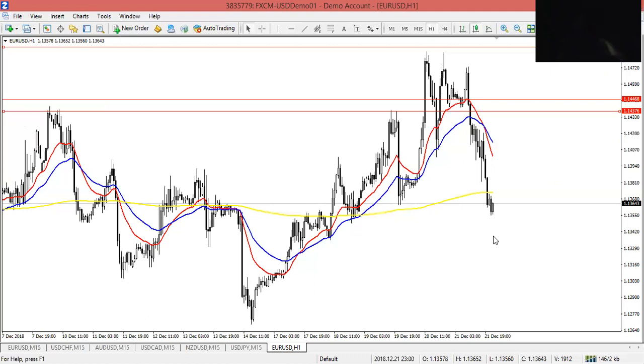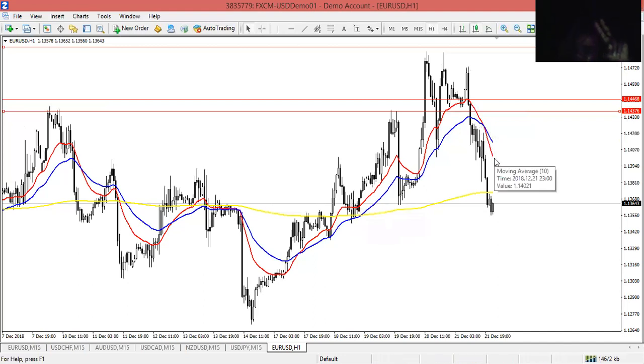Basically, because you are yet to get to the yellow line. When it crosses the yellow line, it's more of a confirmation of your entry point. Remember, I told you there are three crosses we are looking for. The first one is the cross of your red and your blue above the yellow. The second one is your red will cross your blue.